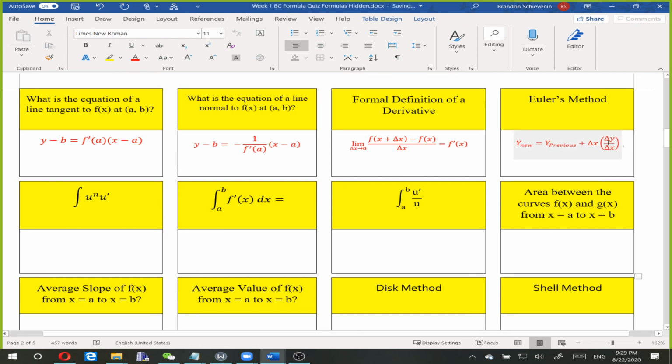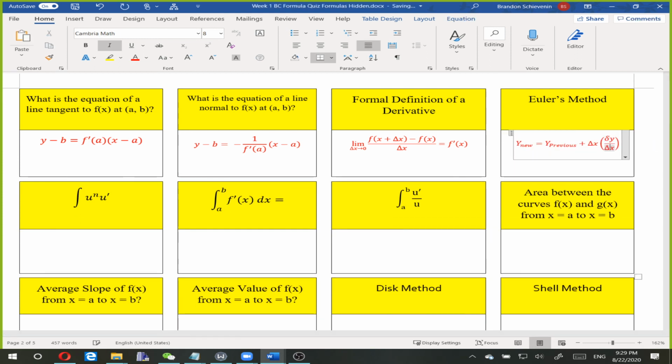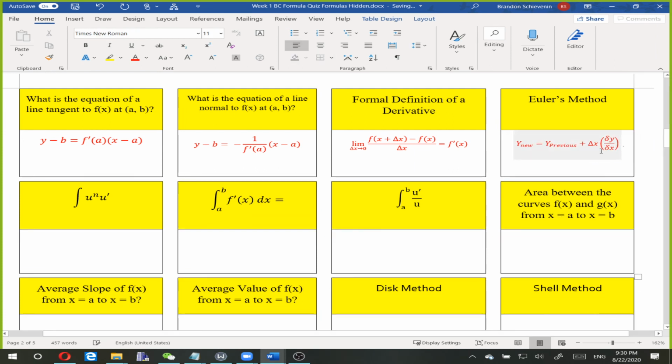That change in y over change in x is really going to be our slope, so that's our derivative at that point. Usually you'll be given a differential equation, which would look like this, so lowercase delta instead of an uppercase one, which means a slope at 1 point instead of your average change in y over change in x.